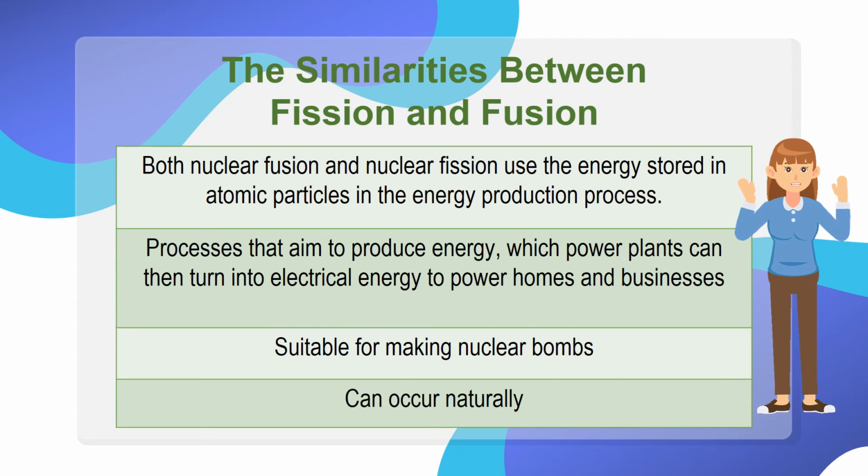Next, both fission and fusion can occur naturally. The sun, the source of heat and light energy for the planet, gives off energy produced by fusion reactions between light elements such as hydrogen and helium.